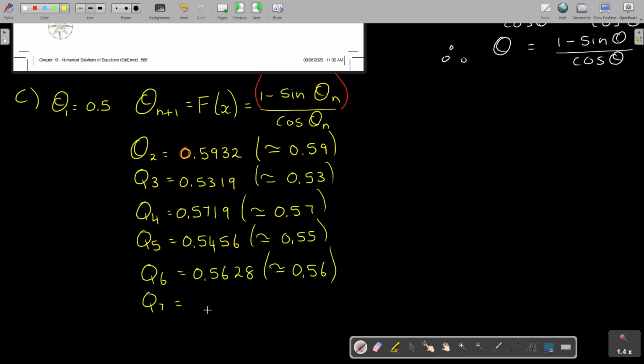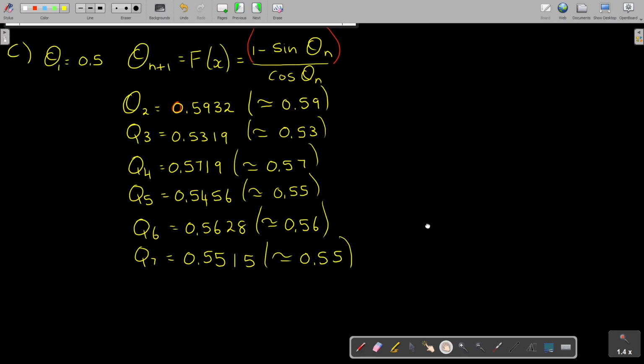This one is interesting. 0.5515. And now it must be 2 next to each other. So let's just go on. So it's 0.55, but that's not the answer. It must give you 2 consecutive answers. Okay. So let's go on.